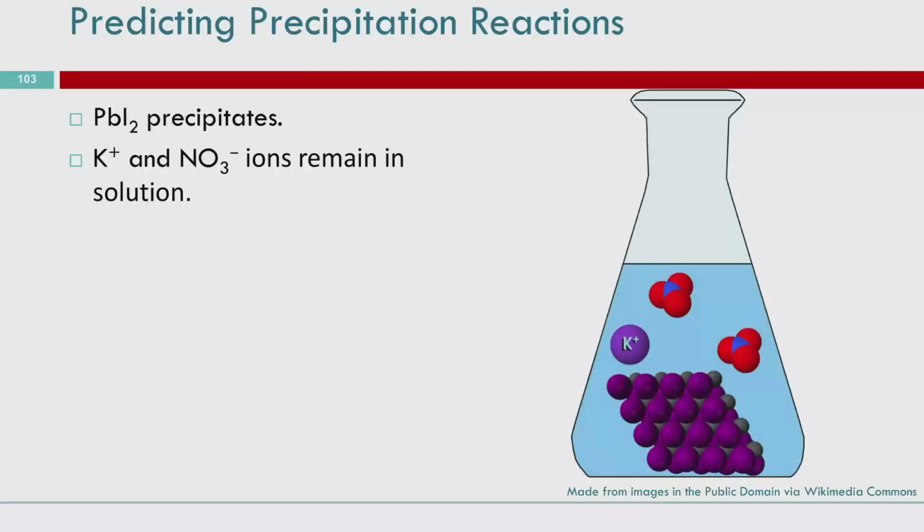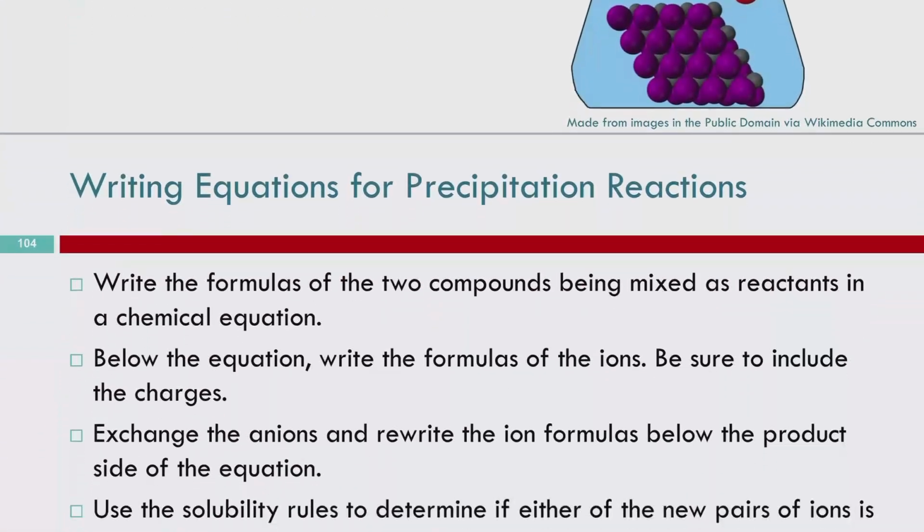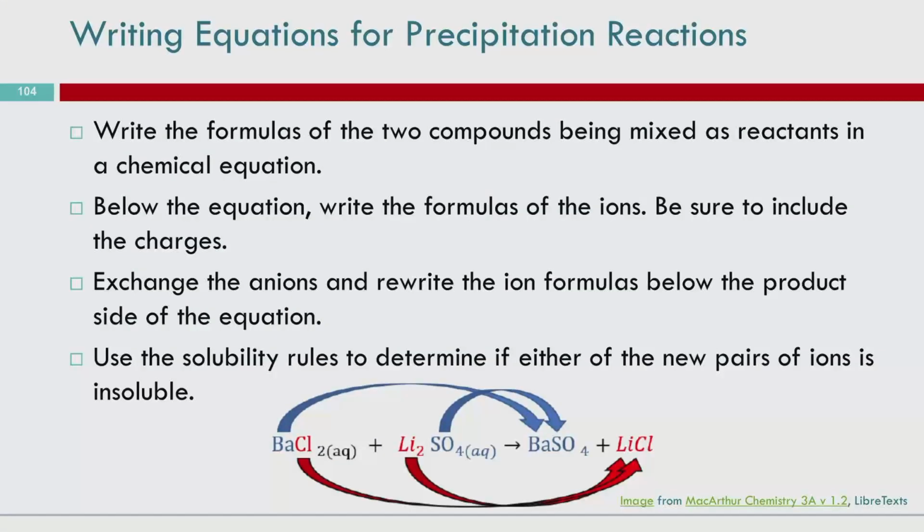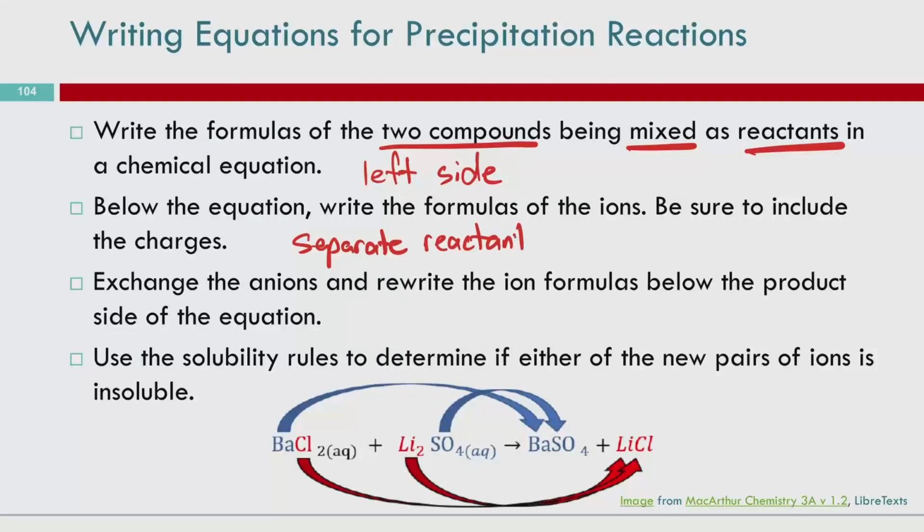The colors are because they're that element. When we're writing equations for precipitation reactions, it's basically the same as double displacement reactions, which we talked about a while ago. So we want to write the formulas of the 2 compounds being mixed as reactants. So we'll write those on the left side. Below the equation, separate the reactants into their component ions.